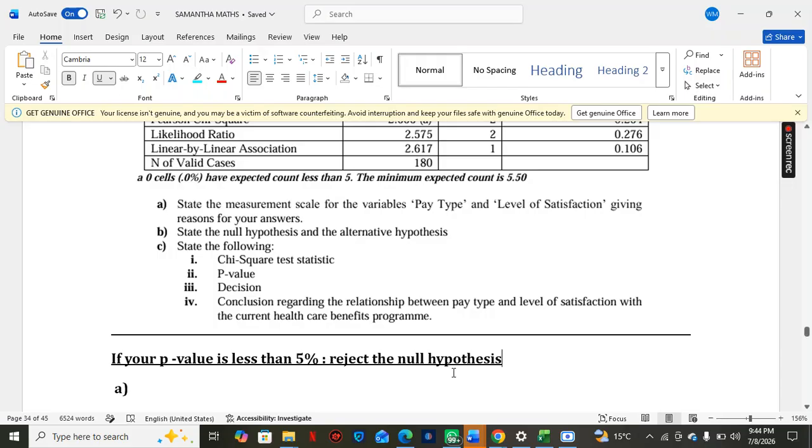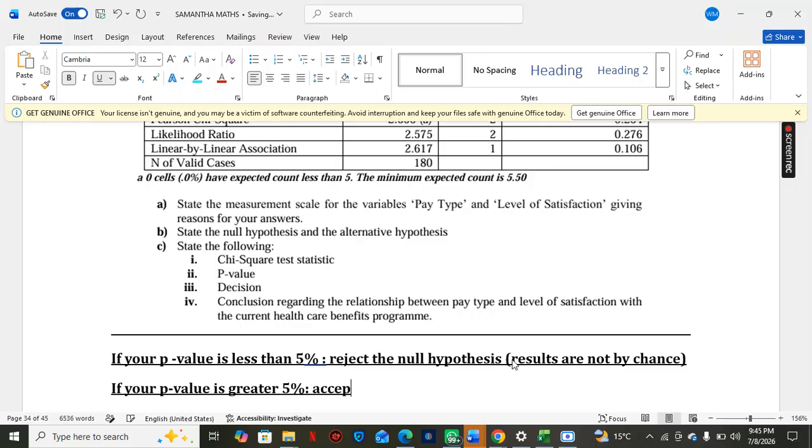If p-value is less than 5%, reject the null hypothesis. Results are not by chance. If your p-value is greater than 5%, accept the null hypothesis because your results could be by chance.